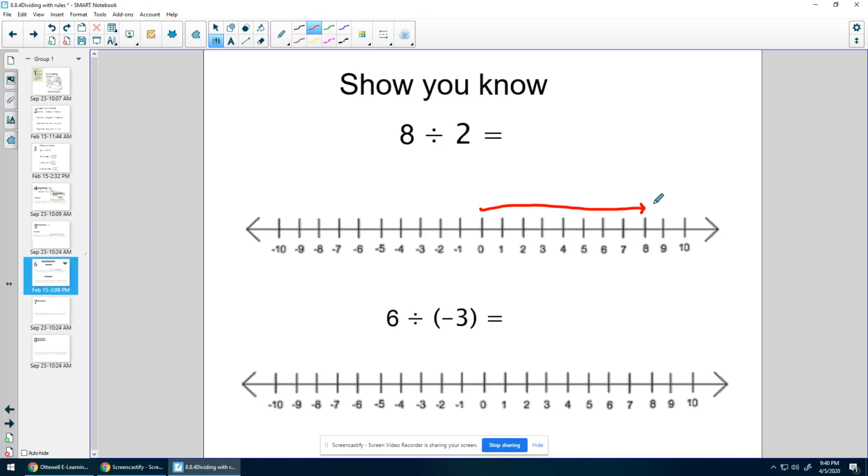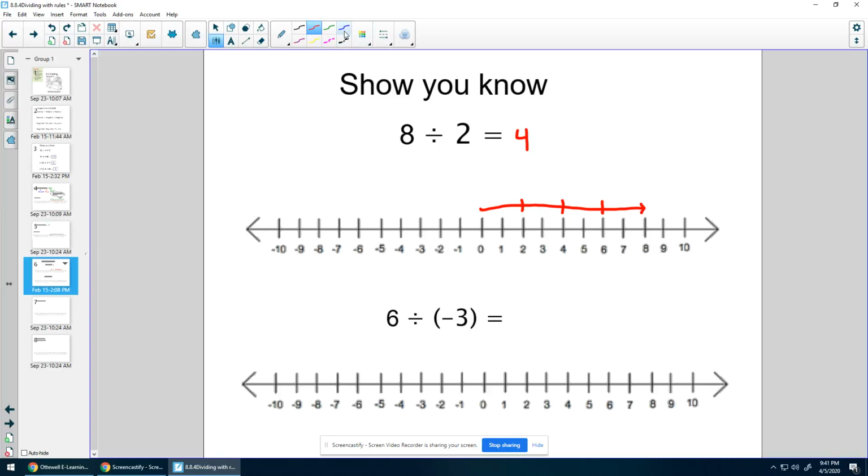So we put our little arrowhead pointing towards the positive direction. Then we need to split 8 into groups of +2. So there's 1, 2, 3, 4 groups. Answer is 4.